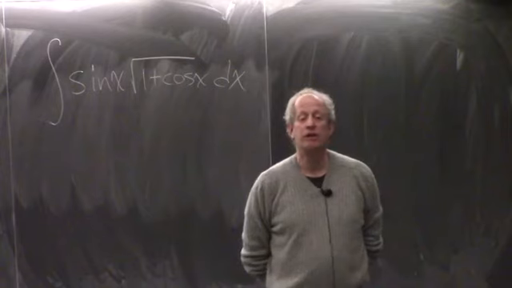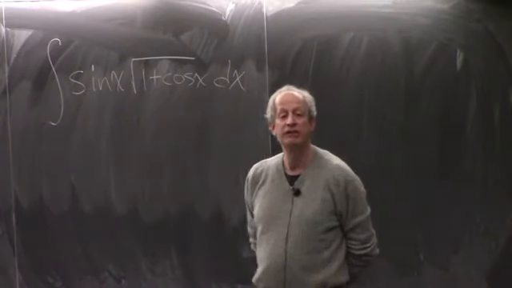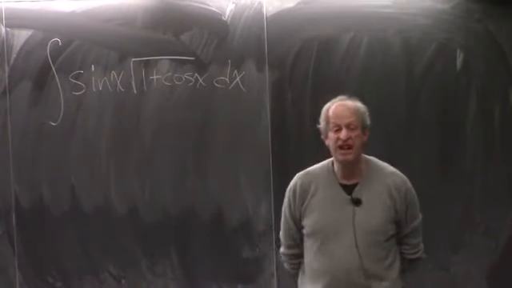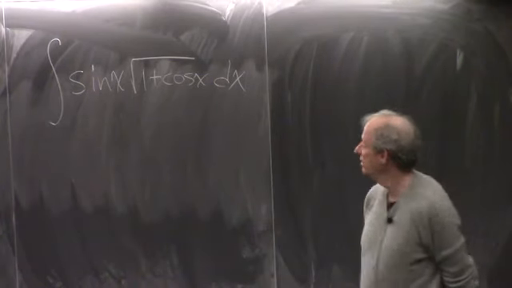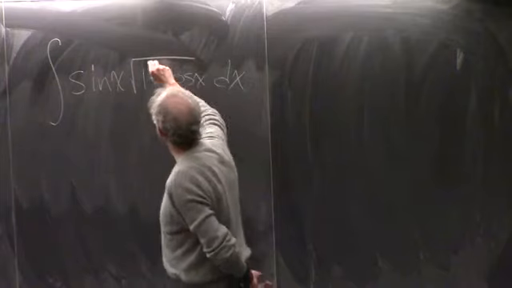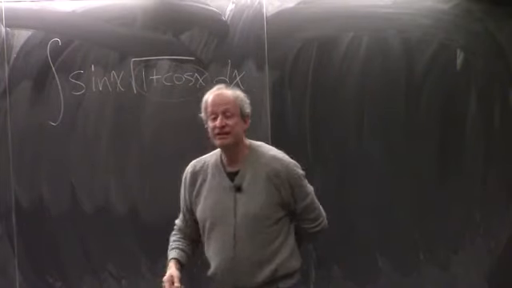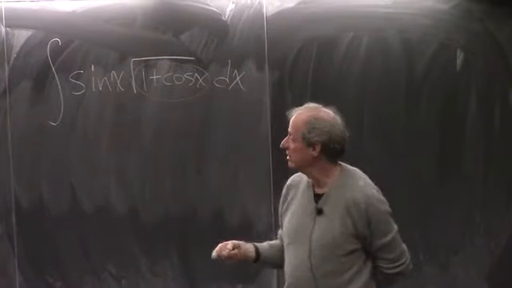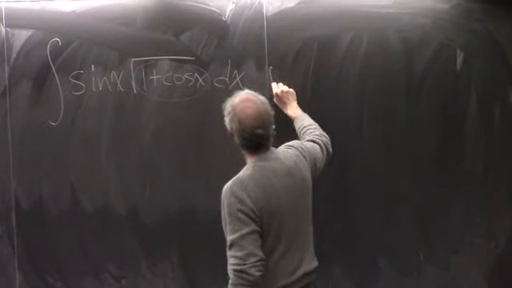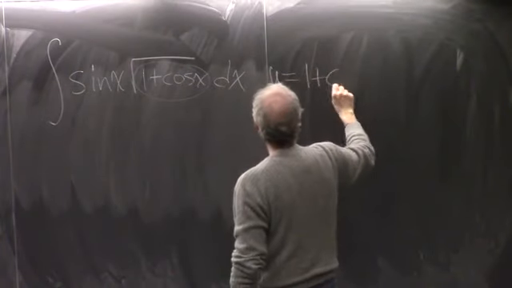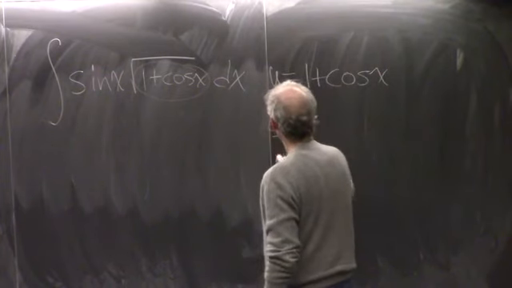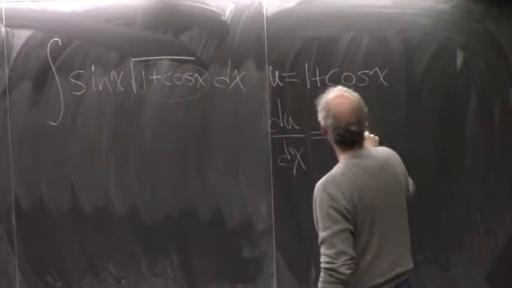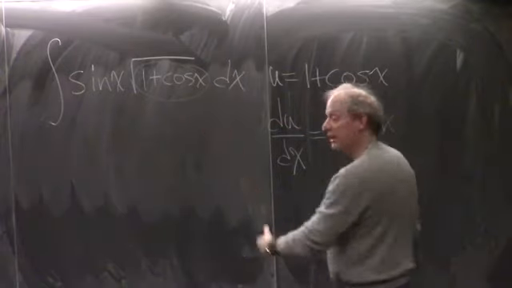I'm looking for something and its derivative. Now I look and I say, well, the derivative of sine is cosine, the derivative of cosine is sine, so how would I know which to do? Well, this is under the radical, so that's causing me more irritation. So I'm going to let that one be u. I'm going to let u equal 1 plus cosine of x. And then the derivative would be minus sine of x, which is almost the same thing as sine of x, right?